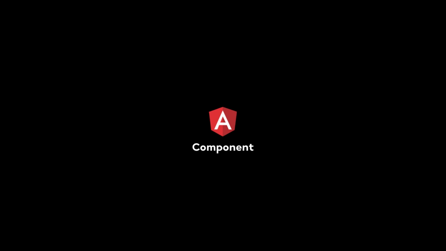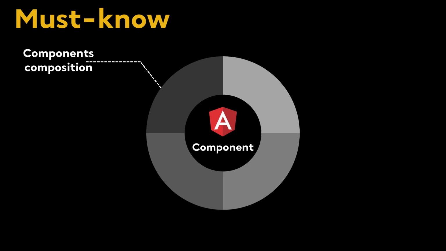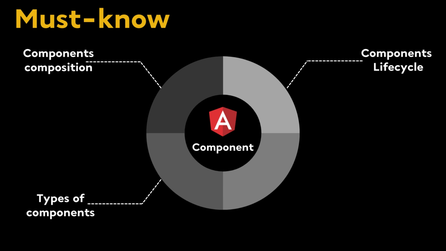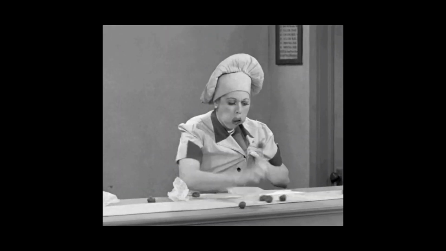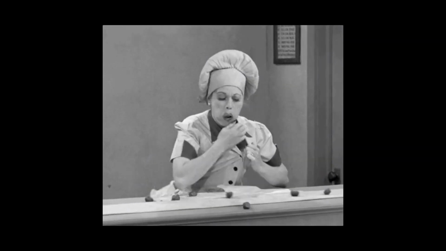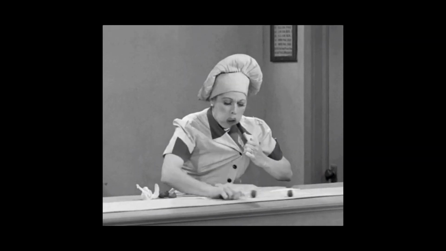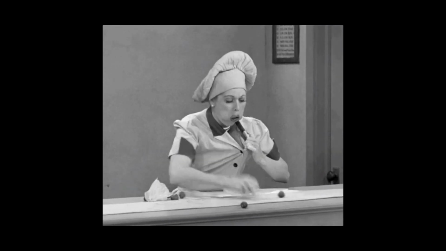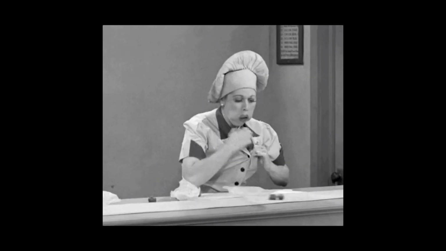When it comes to components in Angular, there are mainly 4 things to know: the composition of a component, the types of components, the life cycles of components, and ways to create components. That's already too much to encapsulate in one video, otherwise you won't be able to digest the whole video.